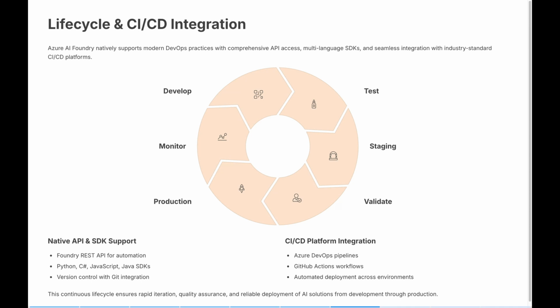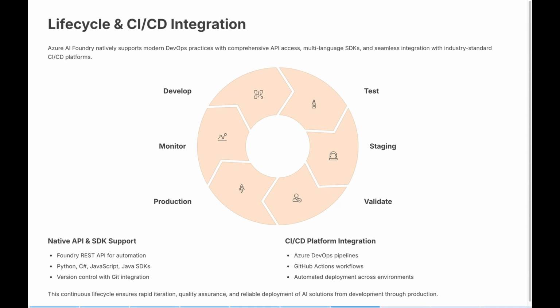Foundry fits naturally into enterprise CI/CD pipelines. Here is the typical workflow. One, develop: build agents and evaluations into a dev project or chatbot. Two, test: run automated evaluations to validate quality. Three, deploy: push to staging via API or SDKs.